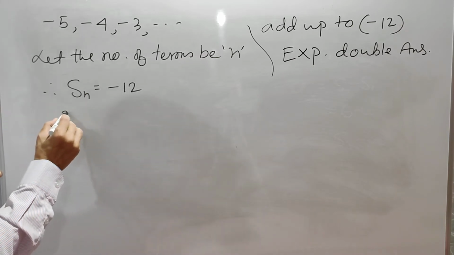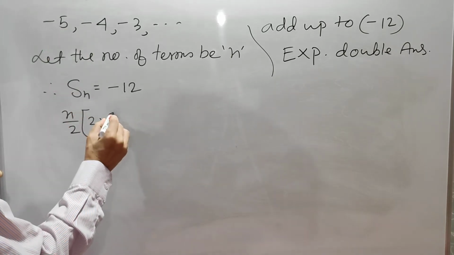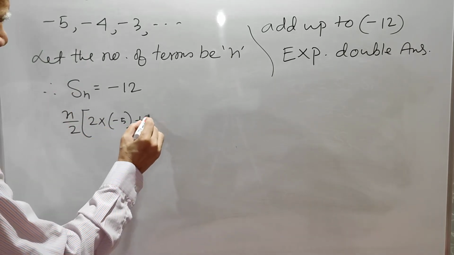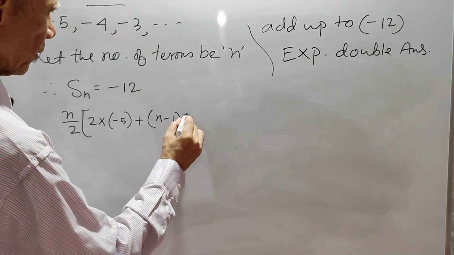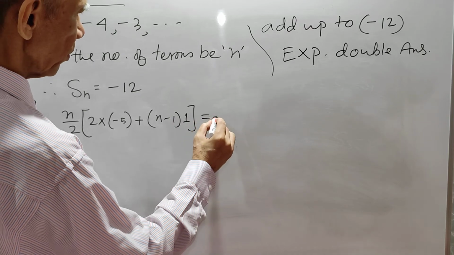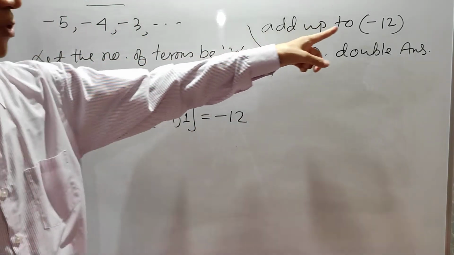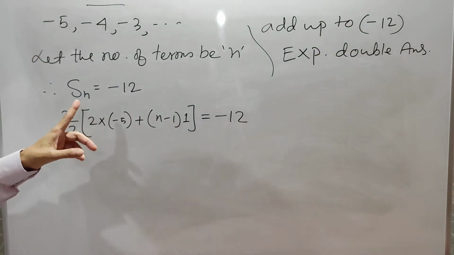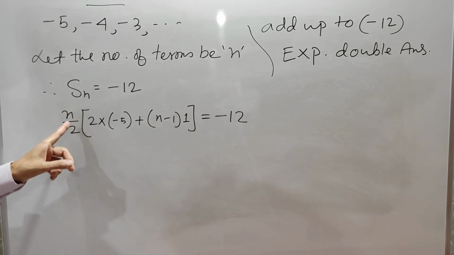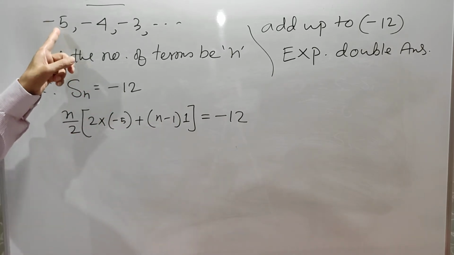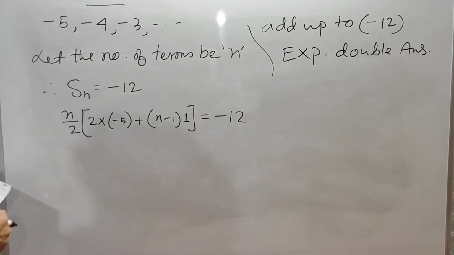Now, sum of n terms formula: n by 2 into 2a plus n minus 1 into d. Here a is minus 5 and common difference is 1, isn't it? So that is equal to minus 12. We have to find the value of n, so Sn equal to minus 12. D is 1, right? Now we solve this to find n.